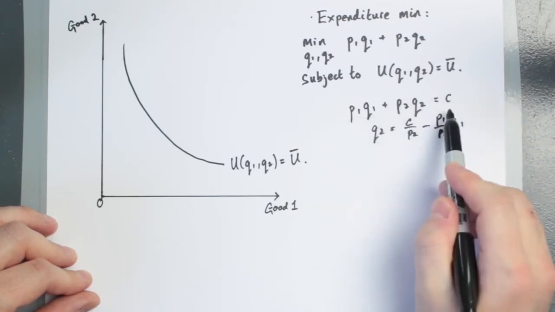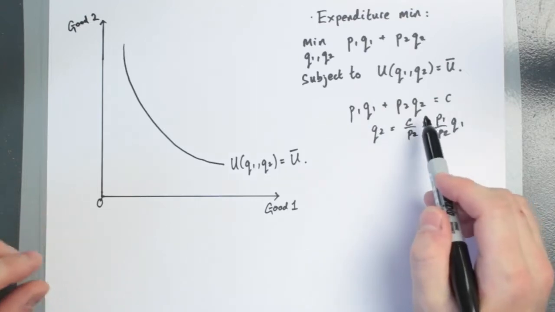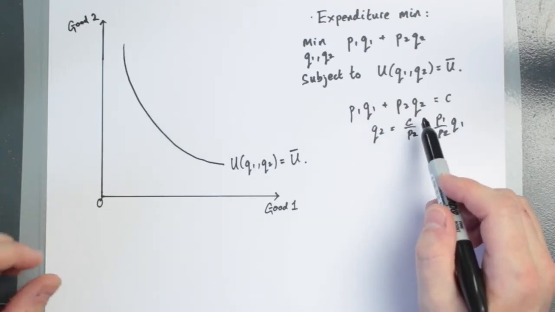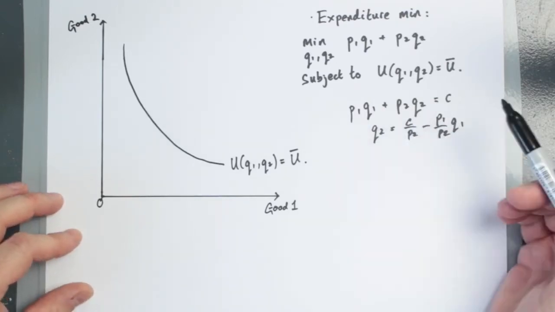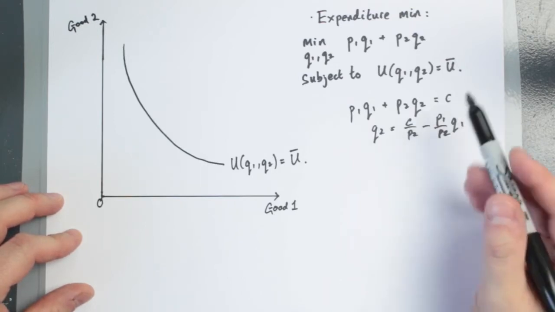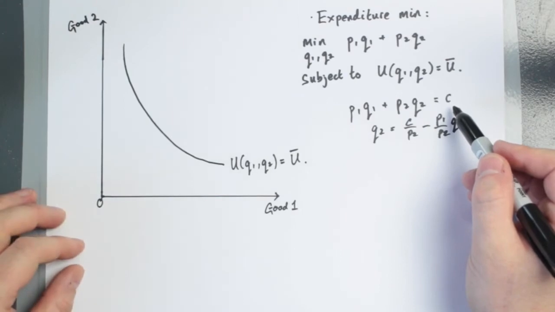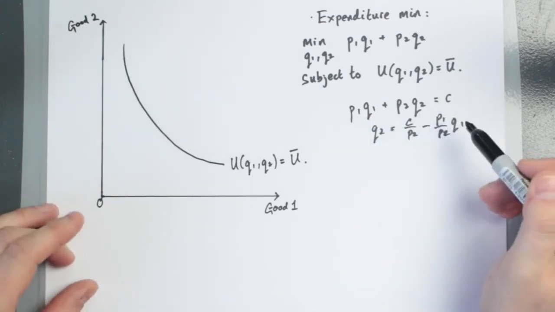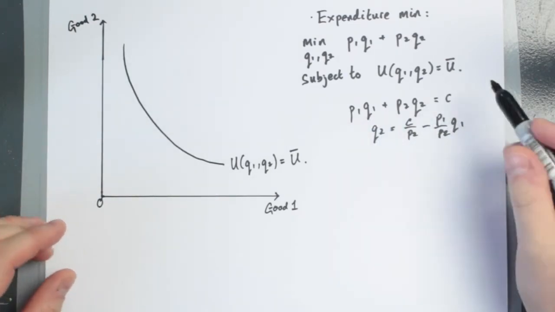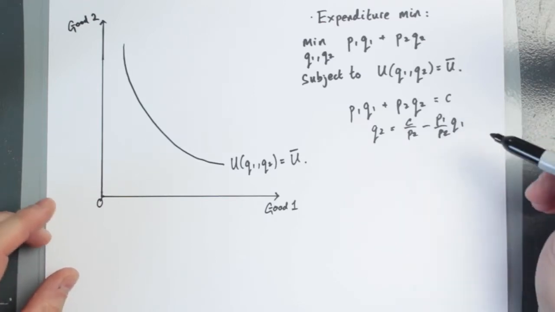So if I look at a set of bundles that require the same level of expenditure, they just lie on a straight line. Of course, if this is equal to Y, the consumer's income, then this is the equation for the budget line. But we're not going to take Y as given in this problem.